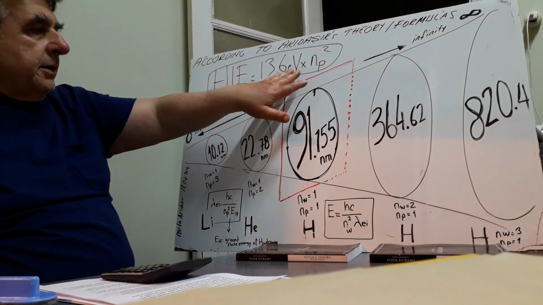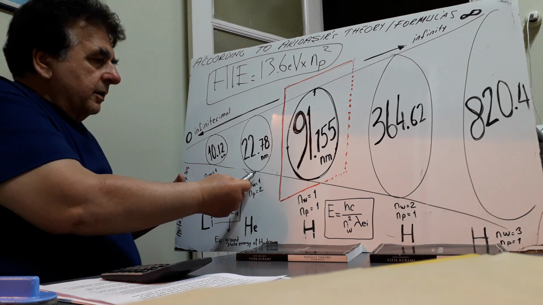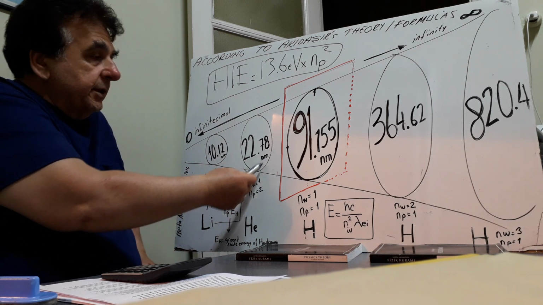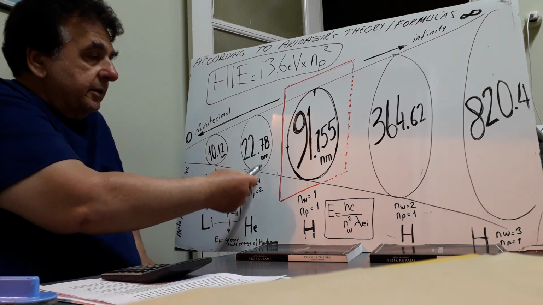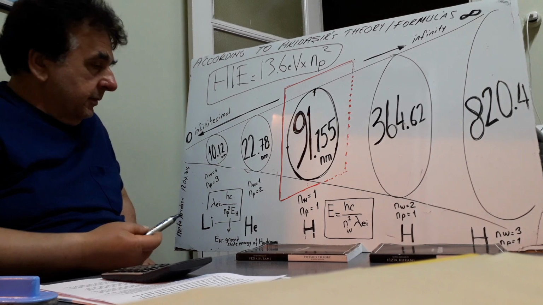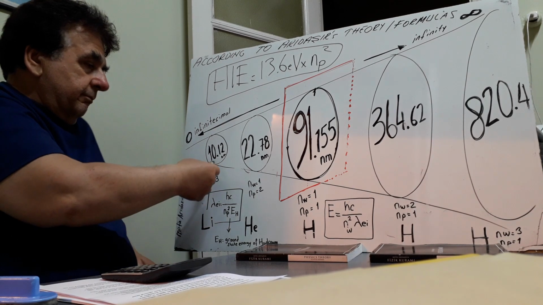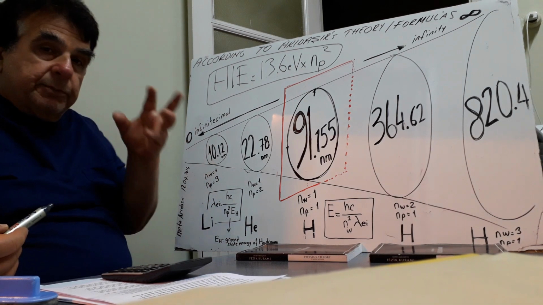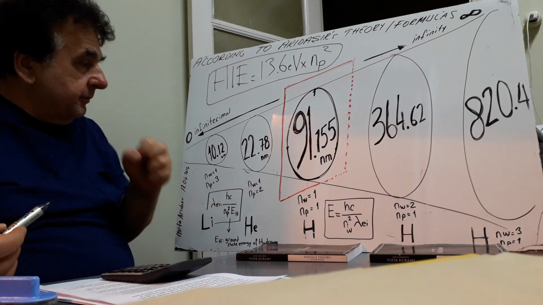When we apply this, we find small highest ionization energy corresponding wavelength is 22.78 for helium. Corresponding lithium, okay, highest ionization energy corresponding smallest electron motion form.